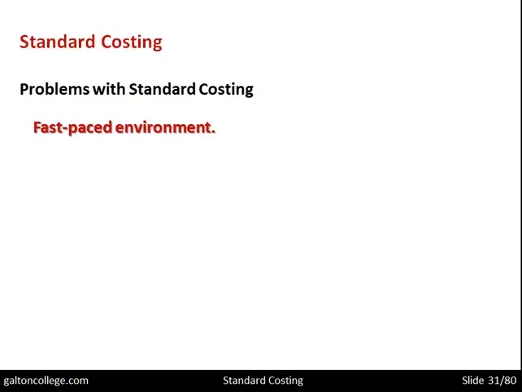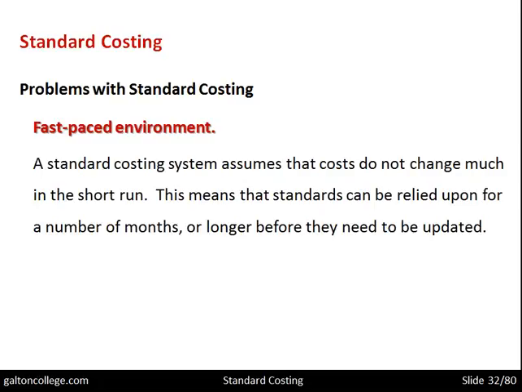Problems with standard costing. Well, a fast-paced environment. A standard costing system assumes that costs do not change much in the short run. This means that standard costs can be relied upon for a number of months or longer before they need to be updated. So standard costing systems are most appropriate when there is that sort of stability in the system.